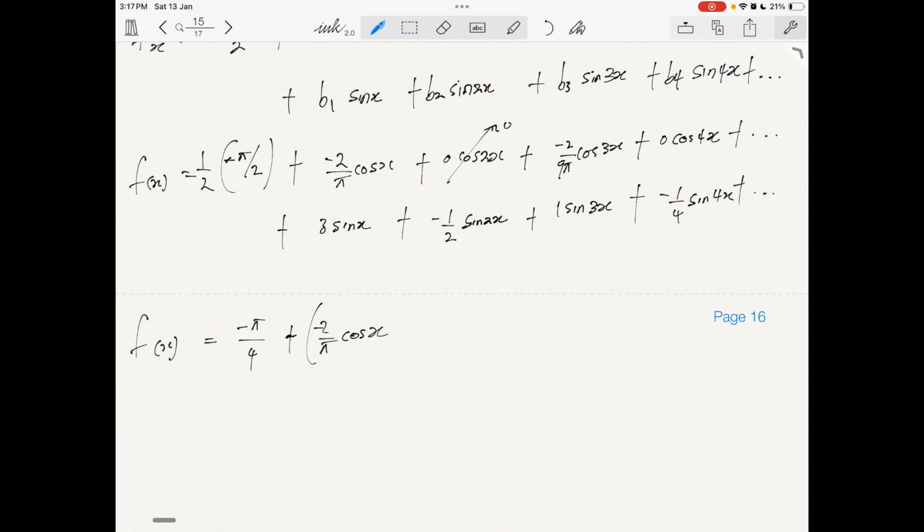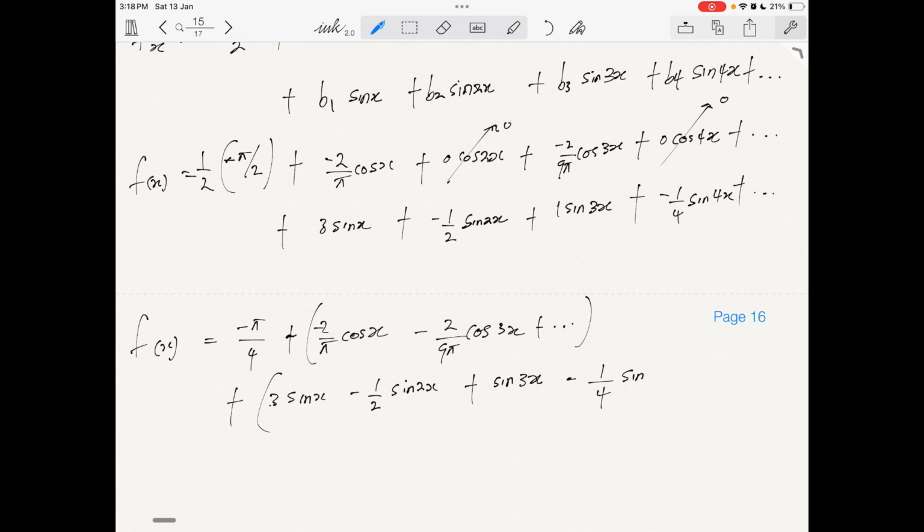This cancels out to give 0, and as well as this, minus 2 over 9 pi cos 3x, plus 3 sin x minus 1 over 2 sin 2x plus sin 3x, and this will give us minus 1 over 4 sin 4x.